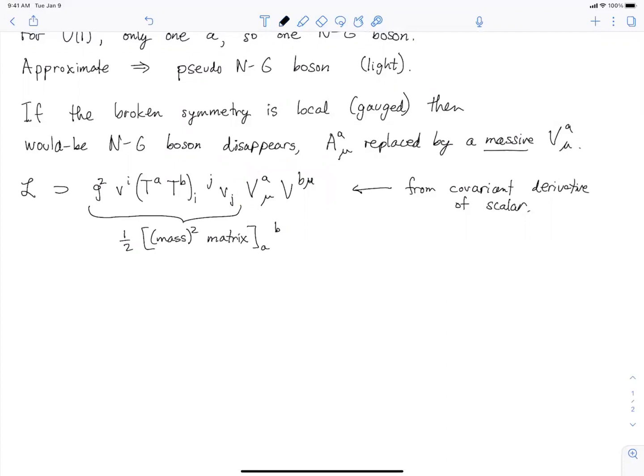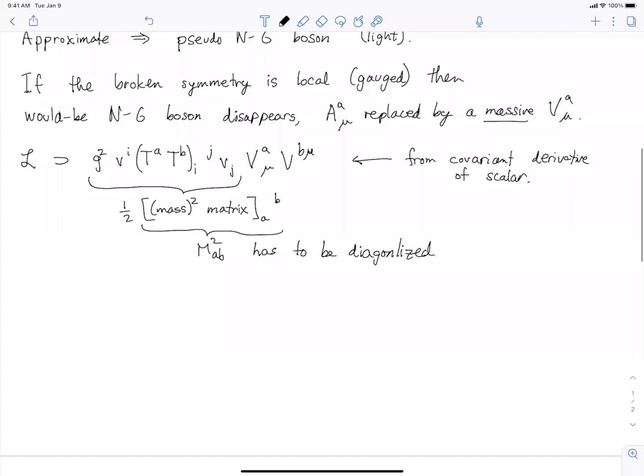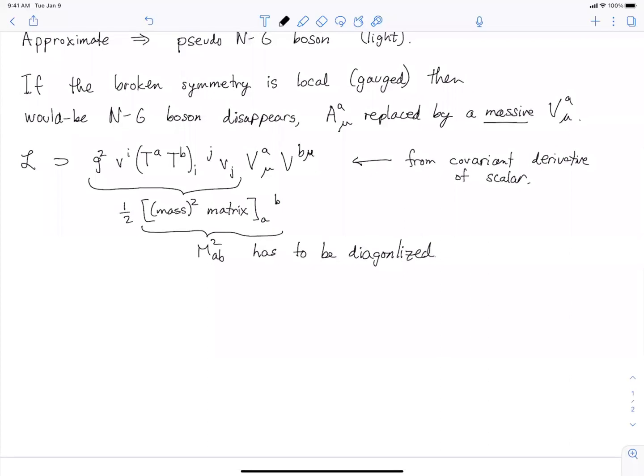Okay, so we can call this thing M_AB squared, and it has to be diagonalized in general. But once you diagonalize it, then you know what the masses are of your vector fields. Okay, so I haven't proved this, but it's the same idea as we did last time for the U(1) case.